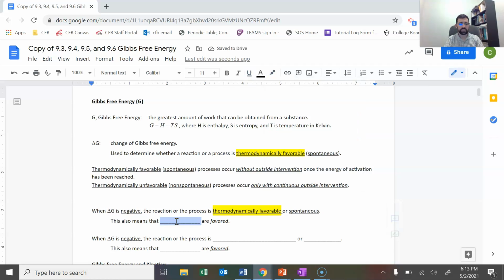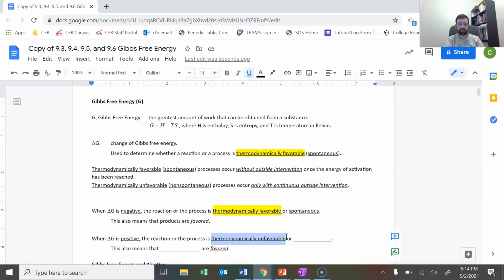This also means that products are favored. When delta G is positive, the reaction or the process is thermodynamically unfavorable. You might say non-favorable, but unfavorable I think is preferred.